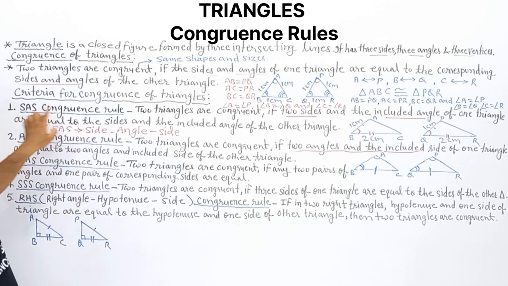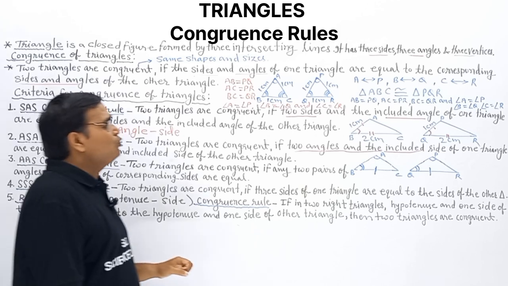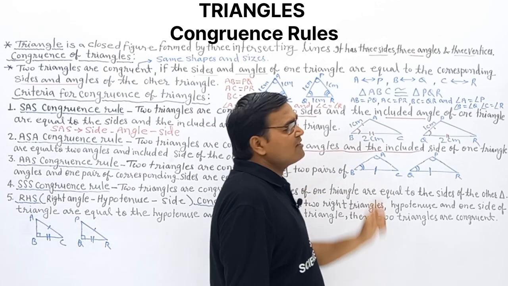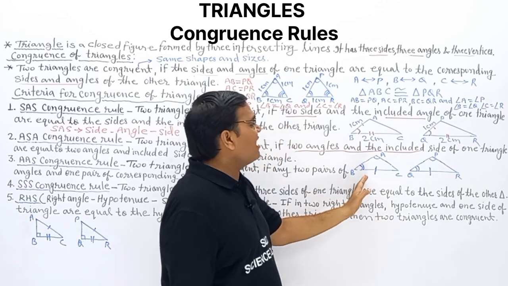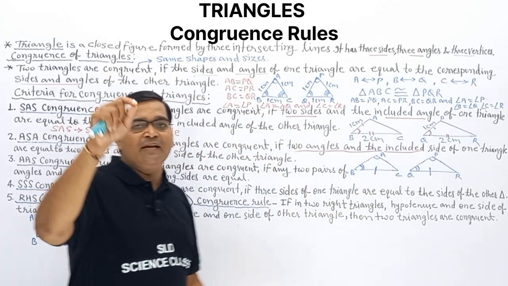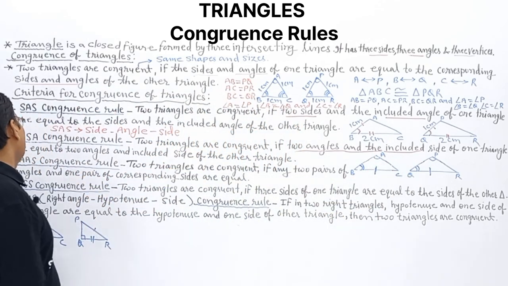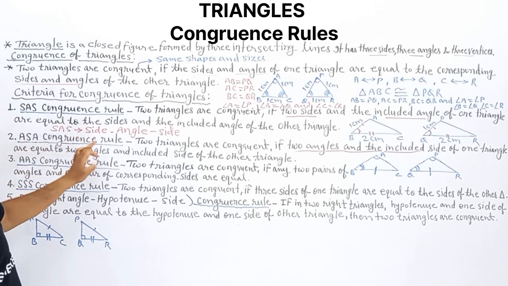Then we apply the SAS congruence rule. Now the ASA congruence rule: 2 angles and the included side of one triangle equal to 2 angles and the included side of the other. Then ASA congruence rule. Now the third one, angle side congruence rule.